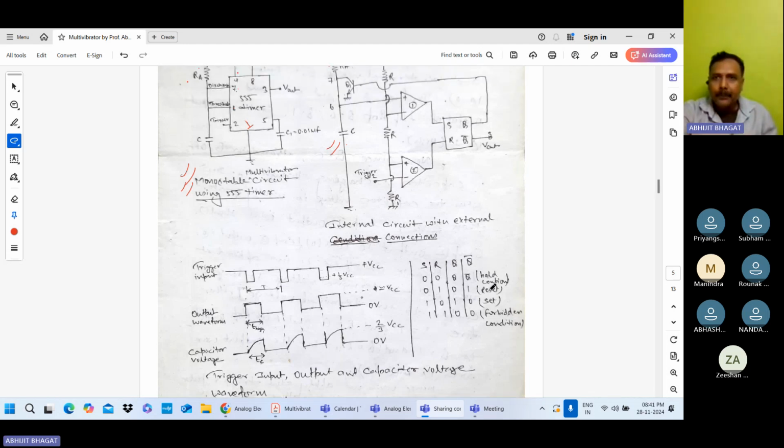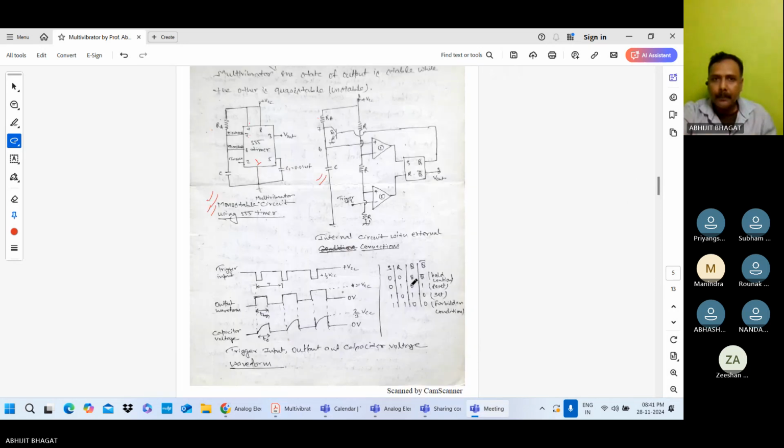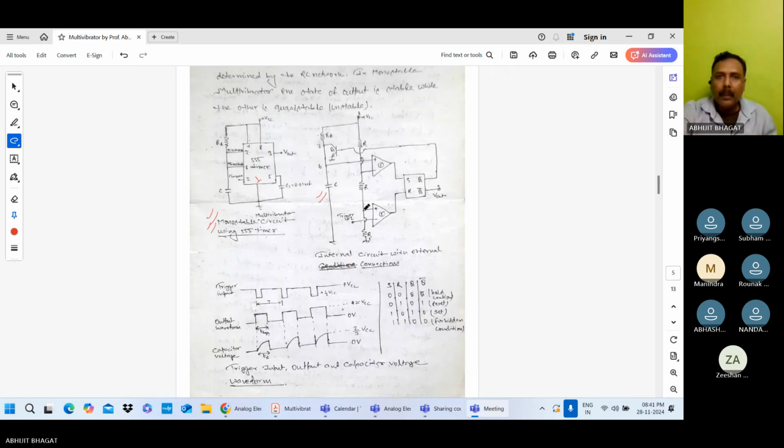Now you can see here in the circuit, two comparators are there. This is comparator 1 and comparator 2. This is a transistor. This transistor is connected to the discharge pin number 7 internally, and this capacitor and this RA are externally connected to the circuit.